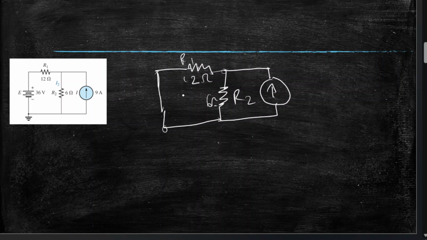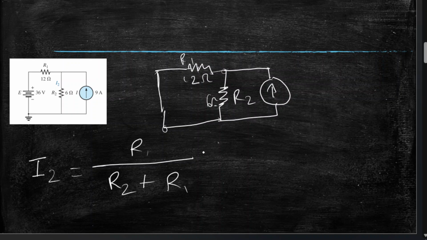Now in this type of scenario where there's only two resistors in parallel to each other, we can use a shortcut of the current divider rule, which will be I2, let's say it's I2, is equal to, for the shortcut, first we put the resistor which we want to calculate the current flow of, which will be R2 in our case, in the denominator, and then we add the other resistor, so R1, and then we again put that other resistor on the top in numerator, and then we multiply it by the total current I.